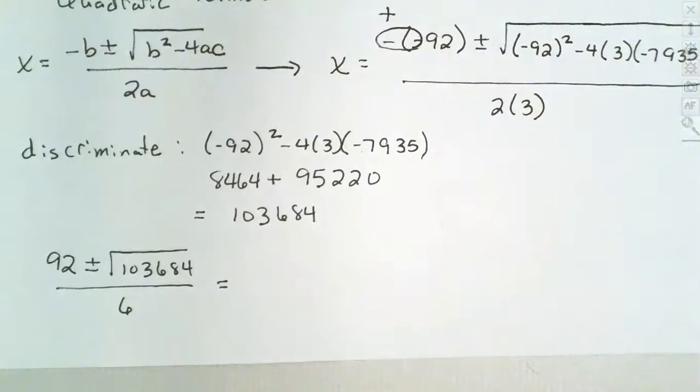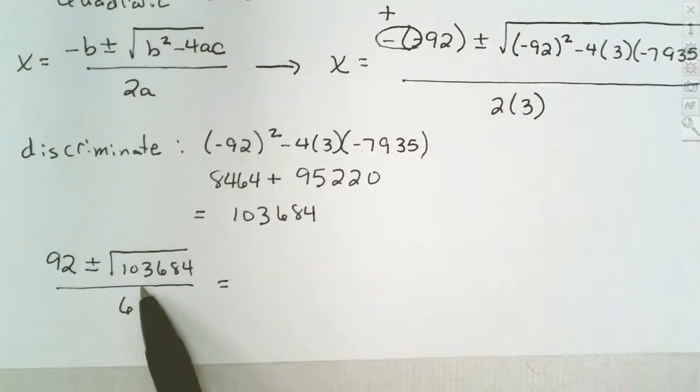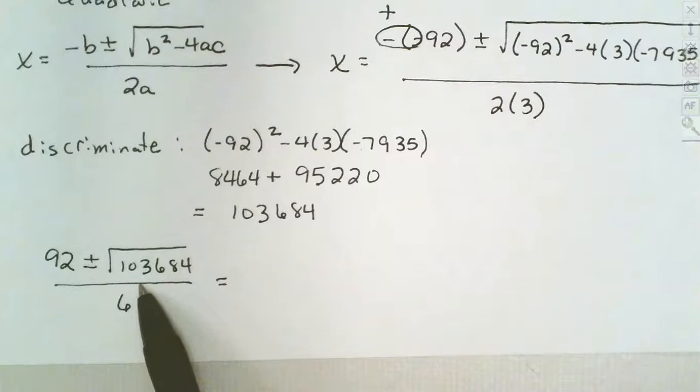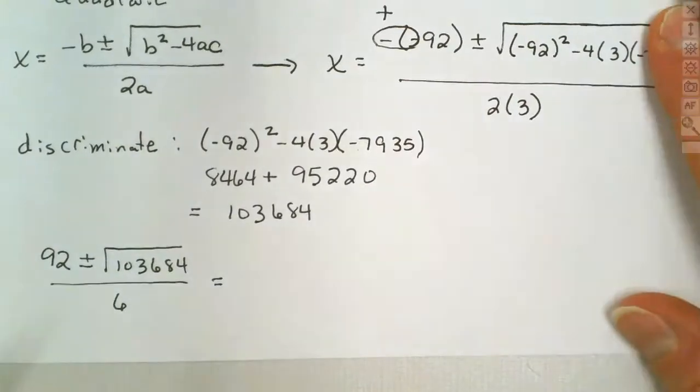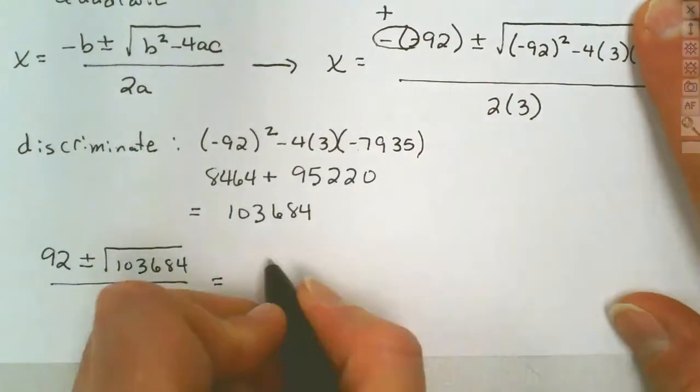So before we do that, we're going to take it out 3 places. Always take out more than what you need. So we're going to take it out 3 places, and then we'll round to 1 place at the end. So we're going to take the square root of this 103,684. And that actually comes out to be 322.